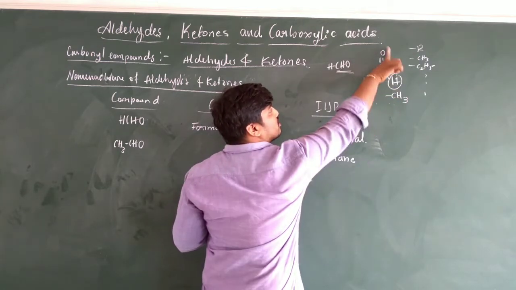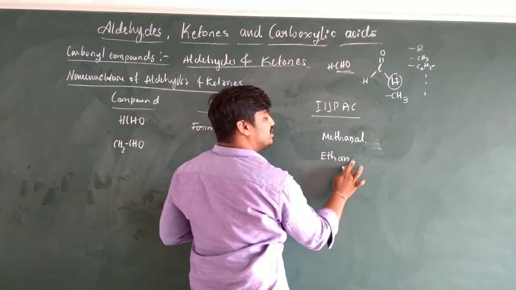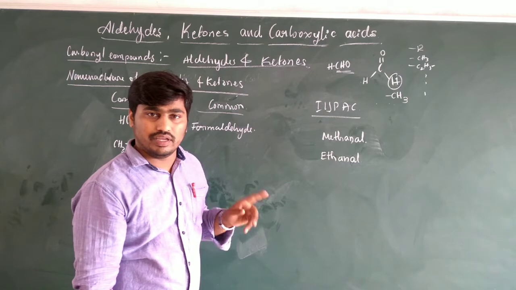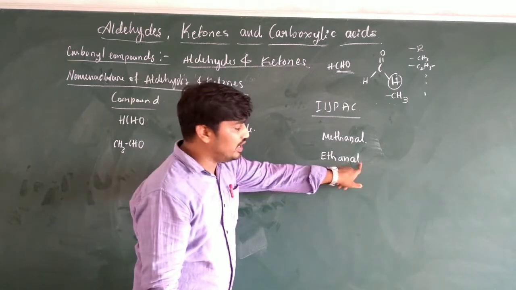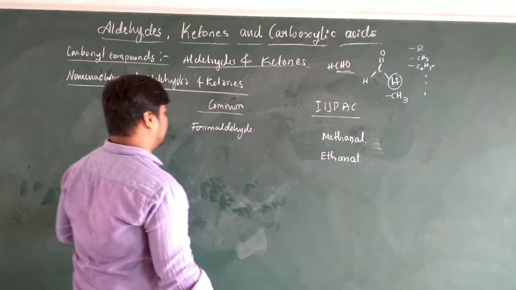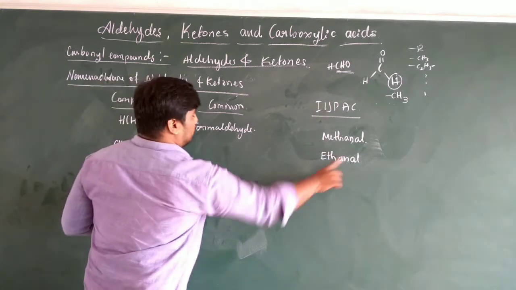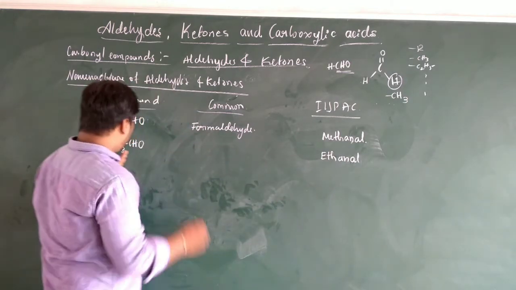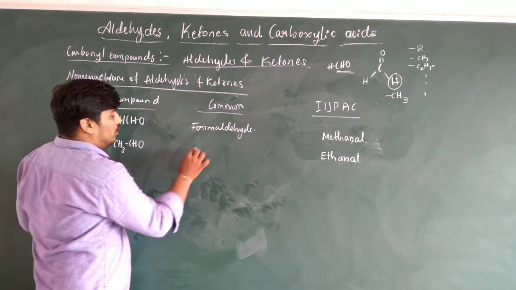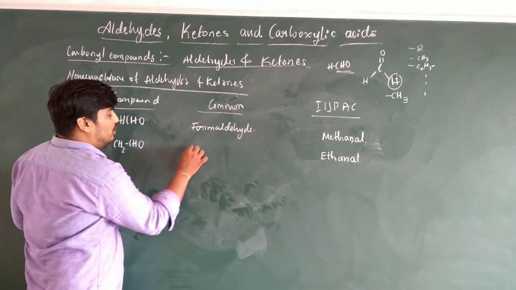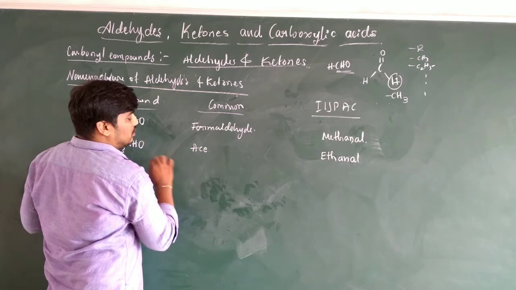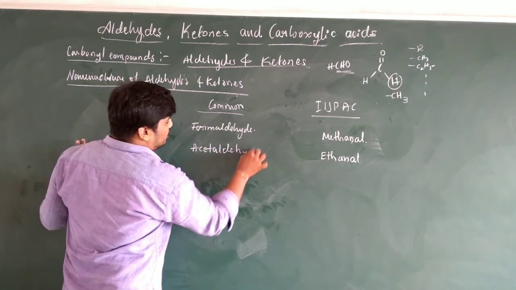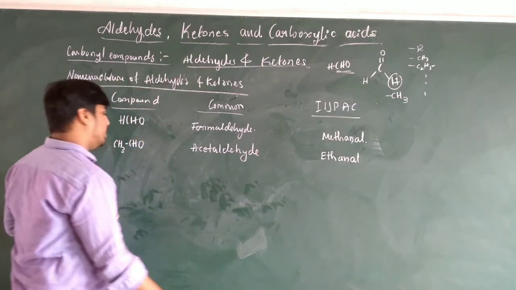It contains the aldehyde functional group, therefore E is replaced by Al: ethanal. Clear? Next, in the common naming system, how to name this compound? It contains two carbons, so we use acetaldehyde.